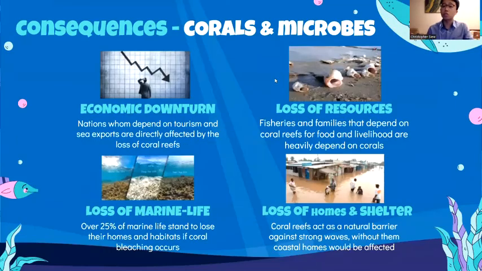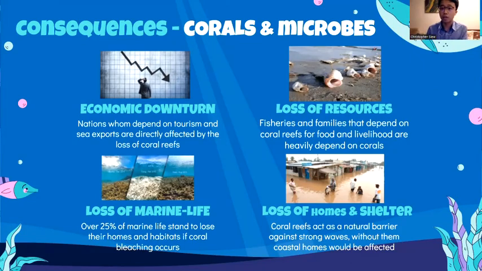Finally, these are the consequences of what will happen if coral reefs were to be gone or extinct. First of all, probably the most influential consequence of coral reefs disappearing is the economic downturn. Nations who depend on tourism, sea exports, and fisheries will be directly affected by the loss of coral reefs because, again, they provide a habitat for 25% of marine life.